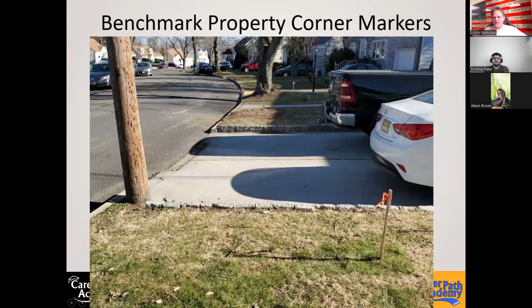Why is that surveyor stake not at the edge of the property? Why is it so far away from the curb? Anybody know? It has to be, I think you said, 6 feet. Yeah, it looks like it's more than that here, but it's about 6 feet off the property line.